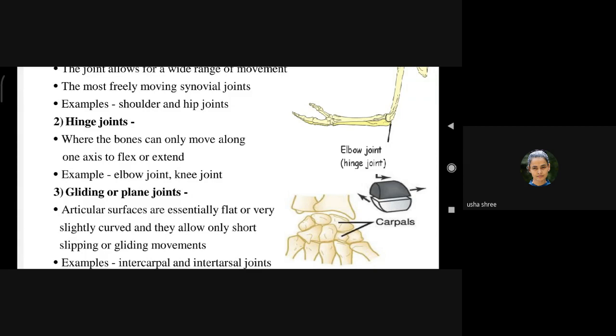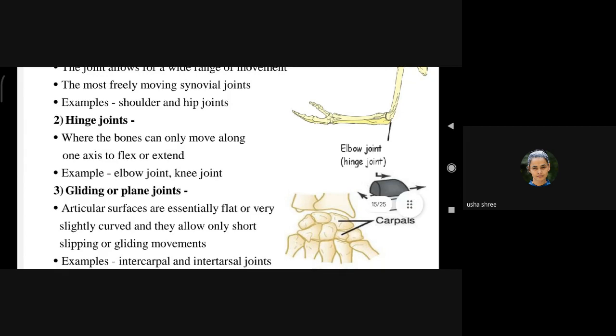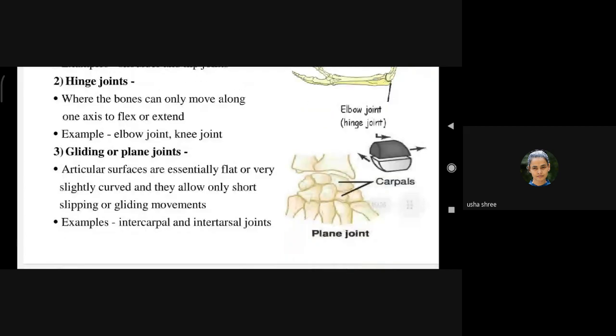Just like our doors open one side only, and that is why a hinge is placed on our doors. So our doors open in one direction only. Like that, the joint which only allows flexion and extension movement, only one directional movement, is known as a hinge joint. Examples are the elbow and knee joints.